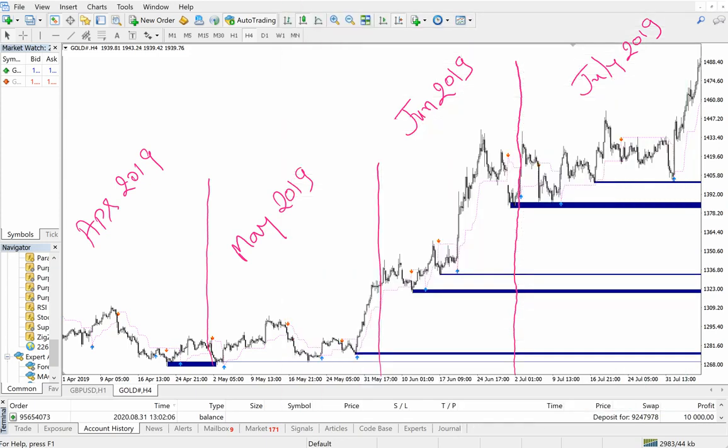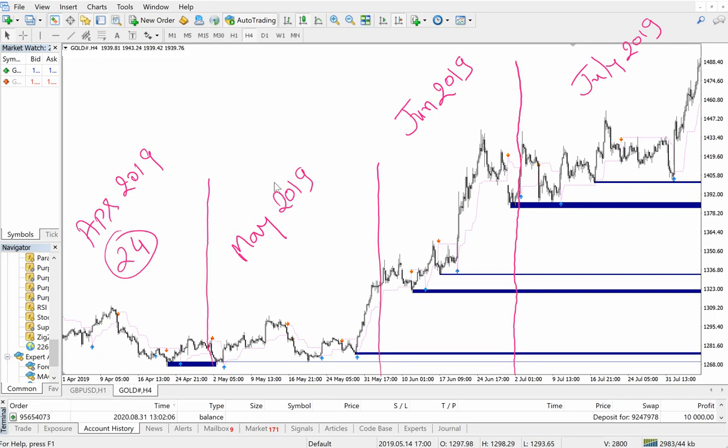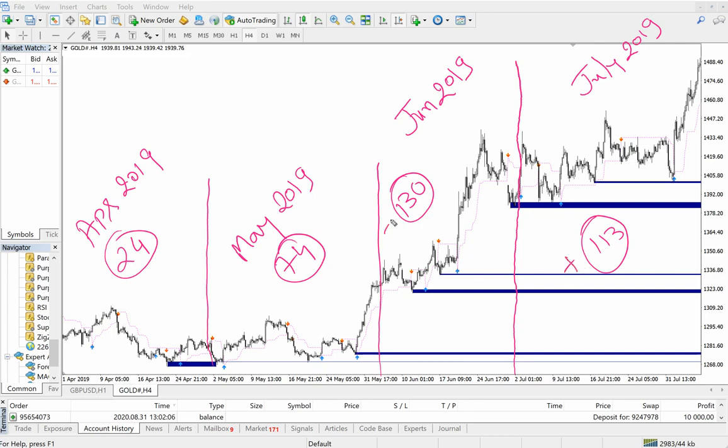So we will write them down. This is 24 point gain, and then 74, then 130, and then 113 points gained.